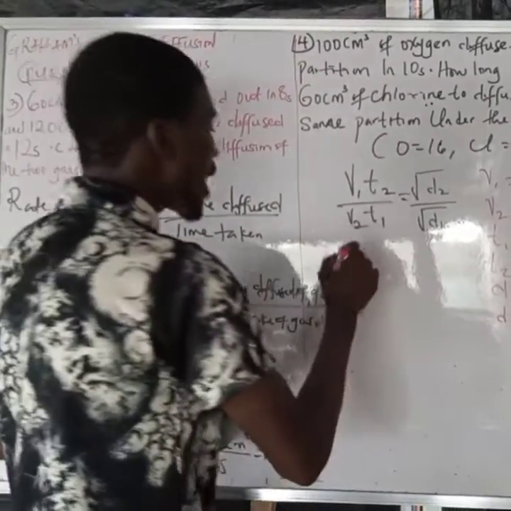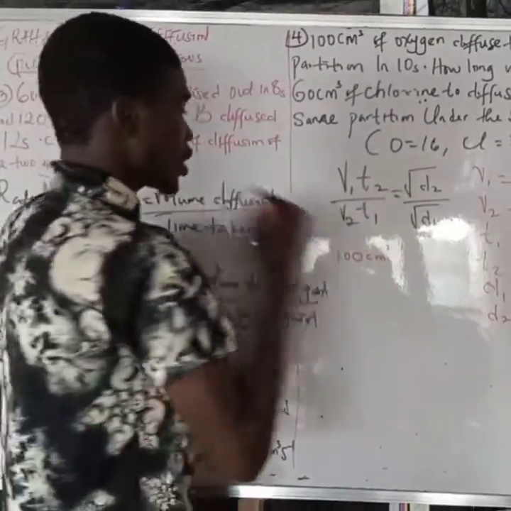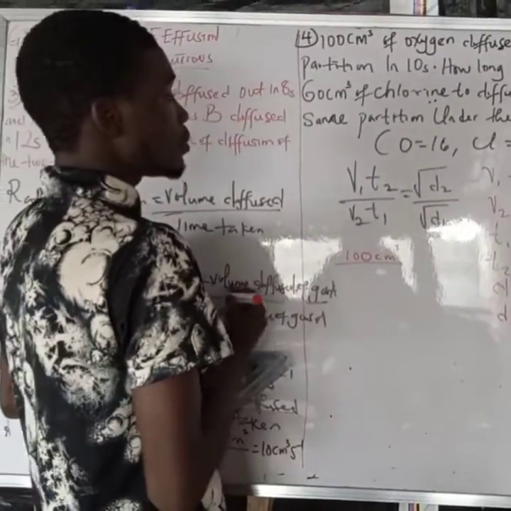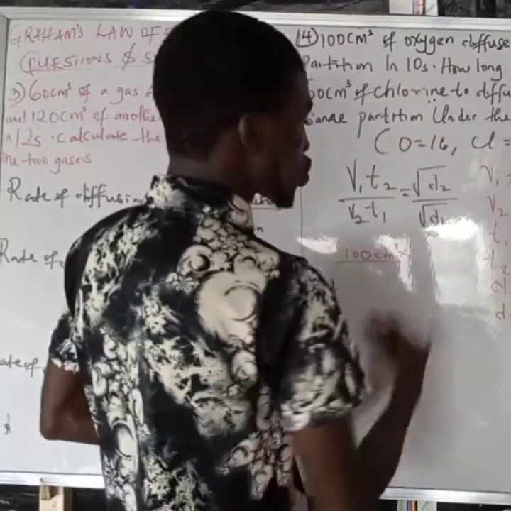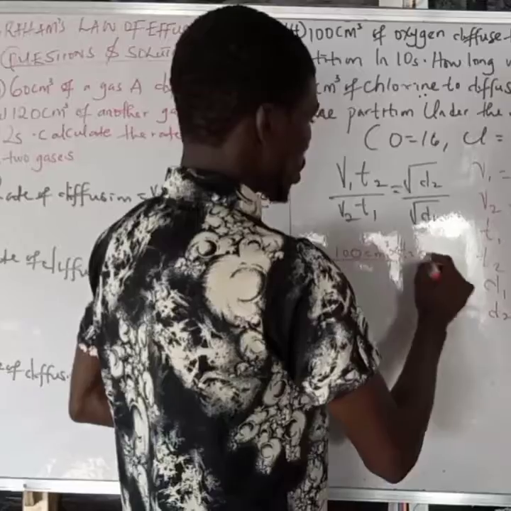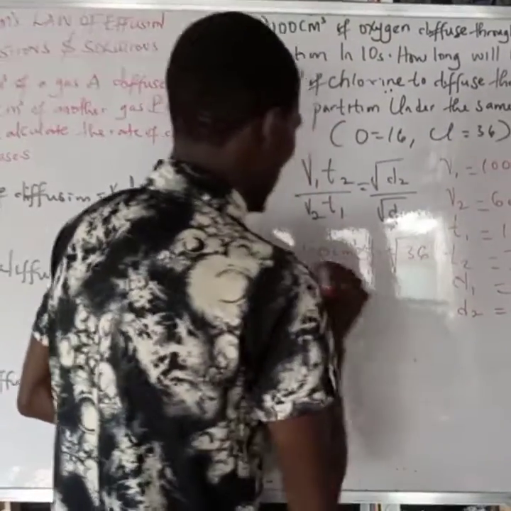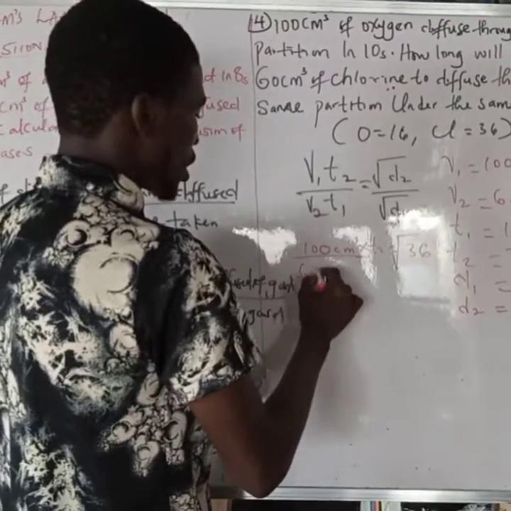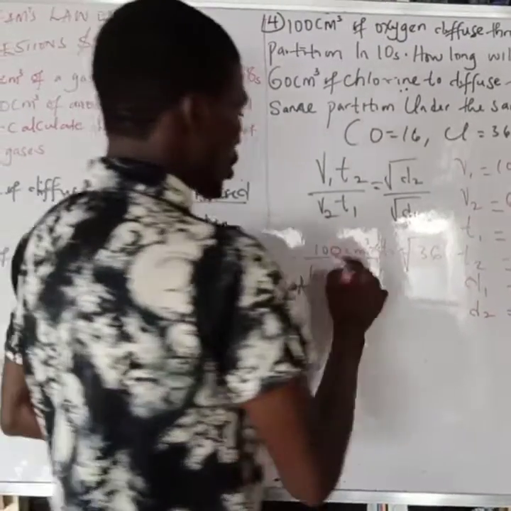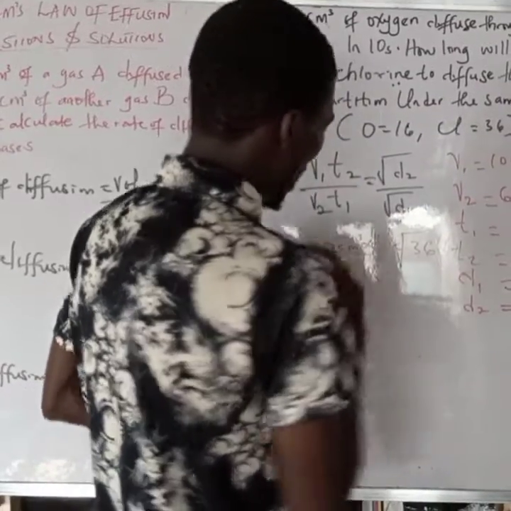So our V1 is 100 cm³ multiplied by T2, we don't know it. Then the square root of D2 we have 36, our V2 we have 60 cm³, multiplied by, what's our T1? 10 seconds.